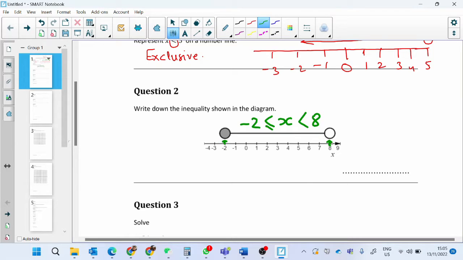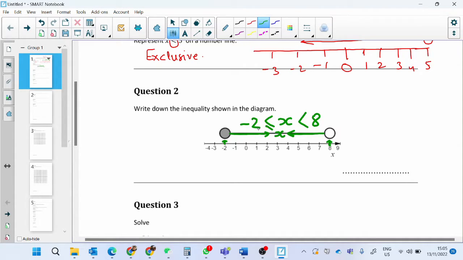This is how we write. We see on the 8, so x is between 8 and -2. And how is this relationship? x is smaller than 8, so it's not equal to 8. x can be smaller than 8, that means 7.99 and below.